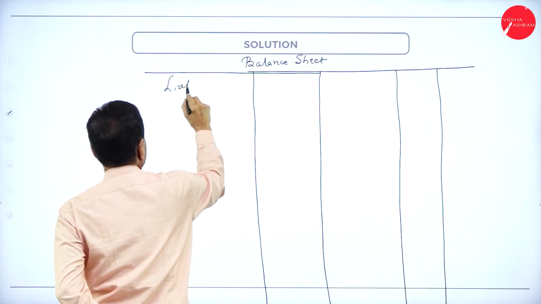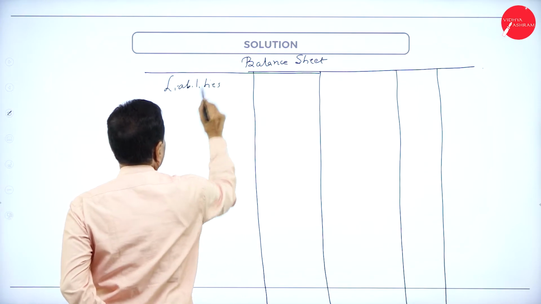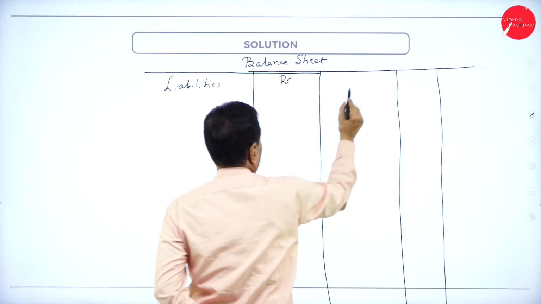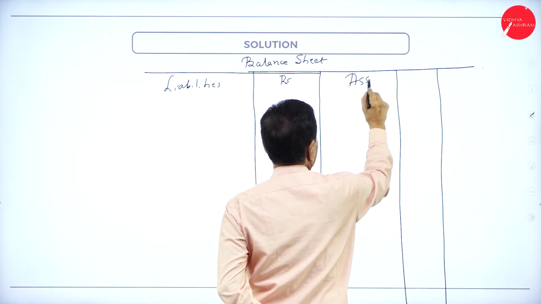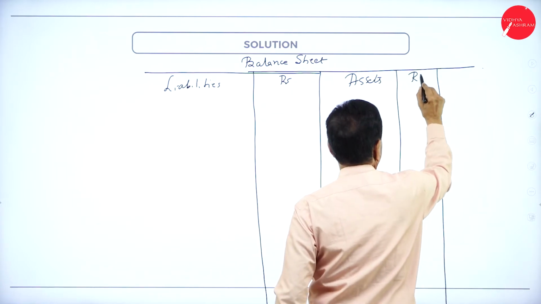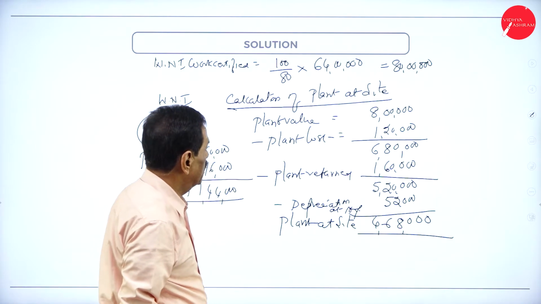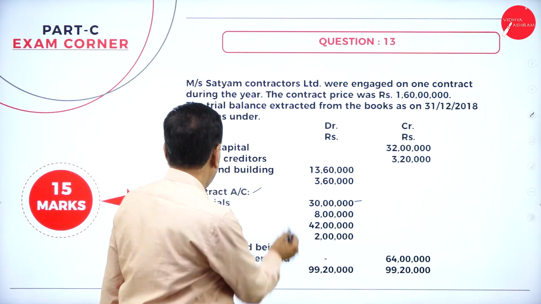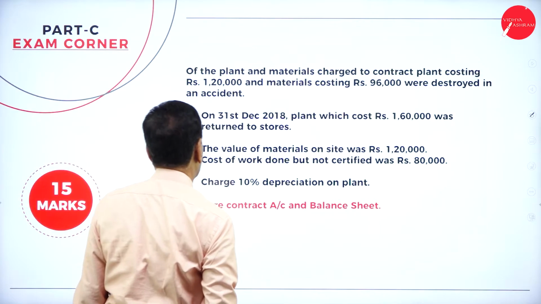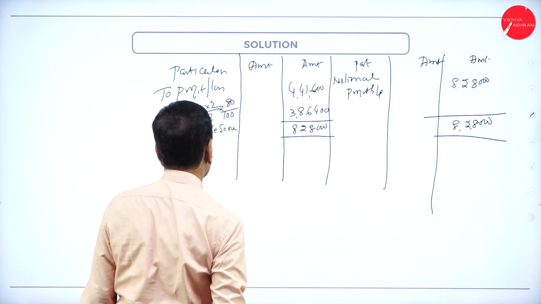Balance sheet. Liabilities, rupees. Assets, rupees. You go with the trial balance. What's your share capital? 32 lakh. That is a liability.